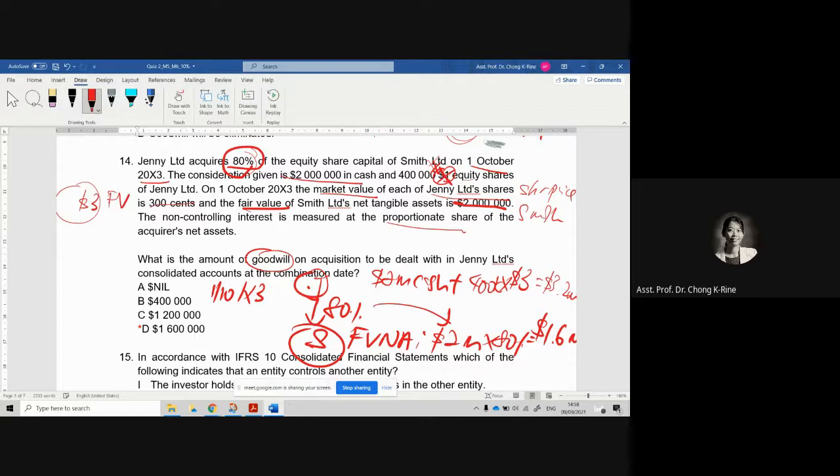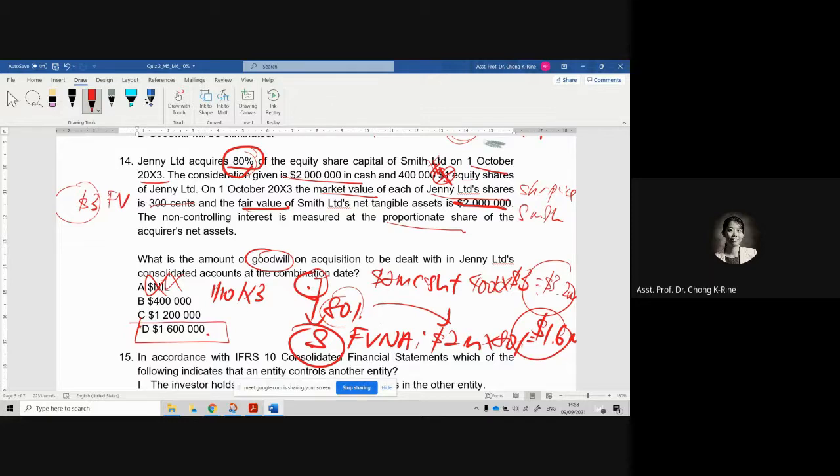In other words, we use 3.2 million to buy 1.6 million worth of company, and therefore your answer is 1.6 million goodwill. Actually not too difficult. Maybe you all did it wrongly with the $1, or forgot to multiply 80%. So the answer is 1.6 million. We use 3.2 million to buy 1.6 million worth of company, and therefore the goodwill is 1.6 million. Normally the goodwill is not zero. You will not buy at exactly the same value, right?